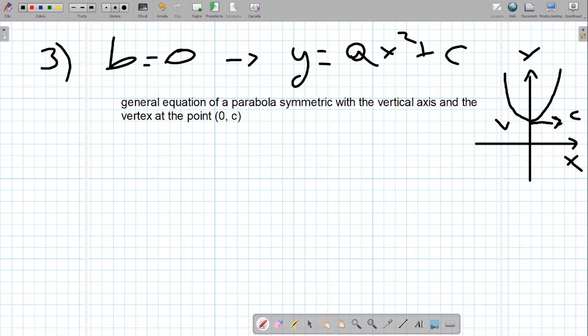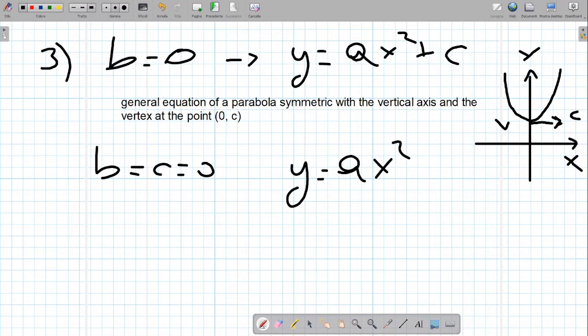This case can be reduced to a version even easier, in which not only b is 0, but also c is 0, so it will remain y equal to a x power 2, and this is even easier because this is the general equation which has the vertex in the origin.